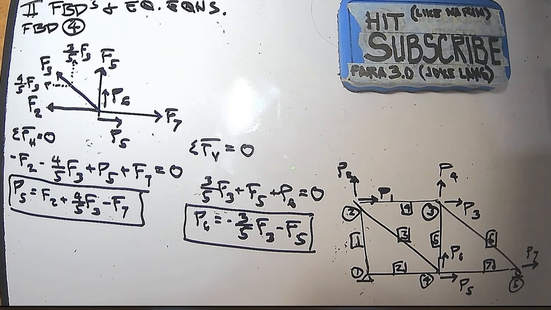Now let's look at node 5. Si node 5, support yan. Pero meron siyang displacement along X direction. Okay? So, kailangan pa rin natin ng free body diagram. Isa lang. Along X lang. Okay?